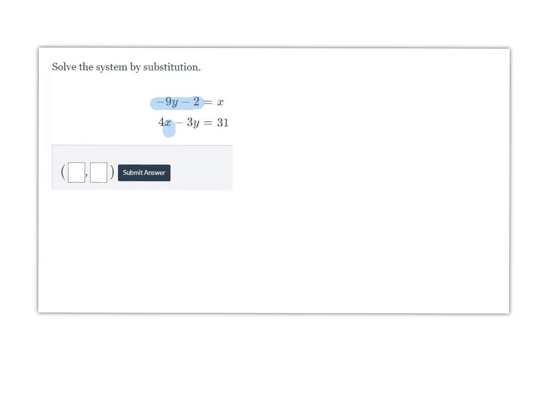This equation is 4 times the x value minus 3y equals 31. I'm going to replace the x with this expression, negative 9y minus 2, because this first equation tells us that it equals x.